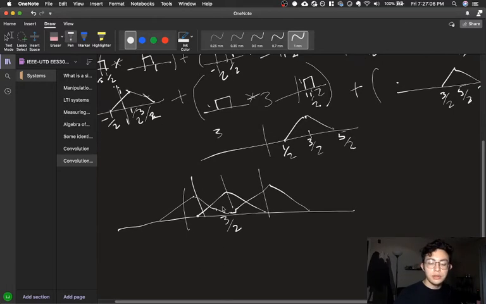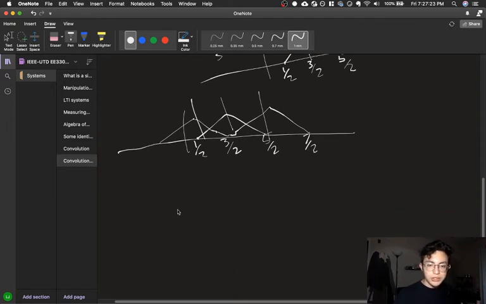You're going to have different behavior from 1/2 to 3 halves, then 5 halves to 3 halves, and then 7 halves to 3 halves, or 5 halves to 7 halves. Right. So basically, it's just a matter of getting the equations of all of these lines, then adding them together within these boundaries.